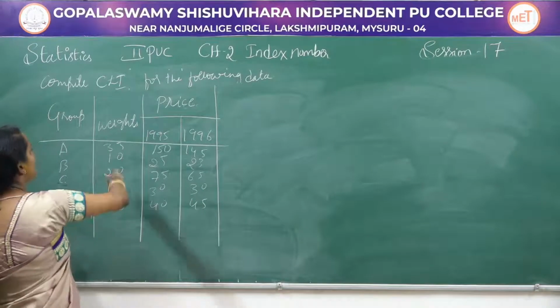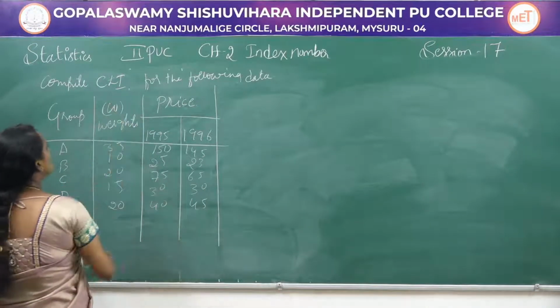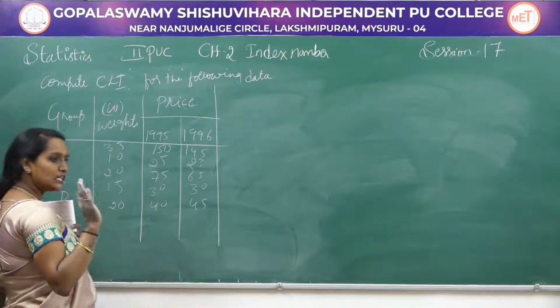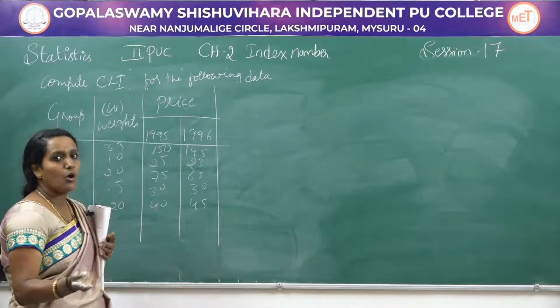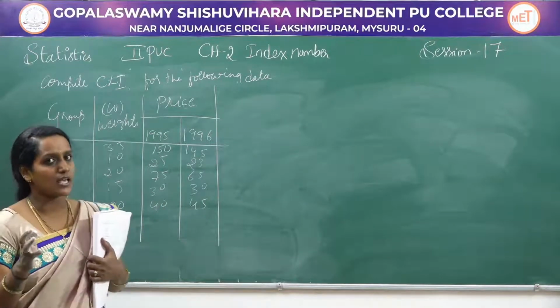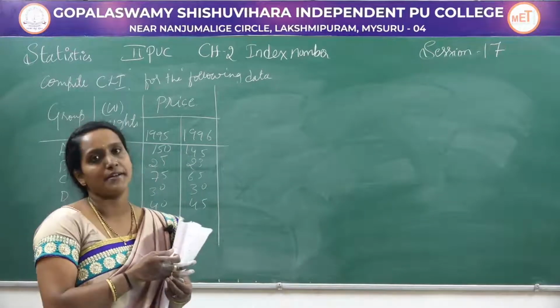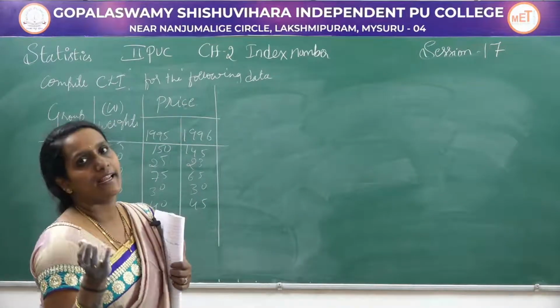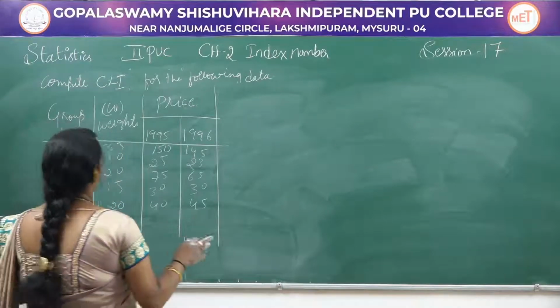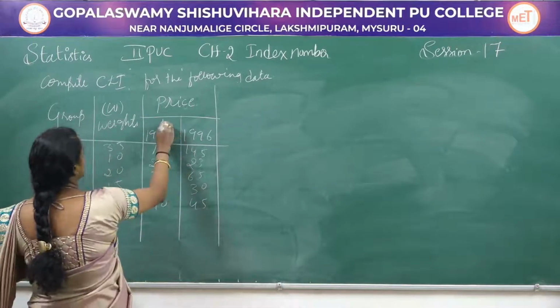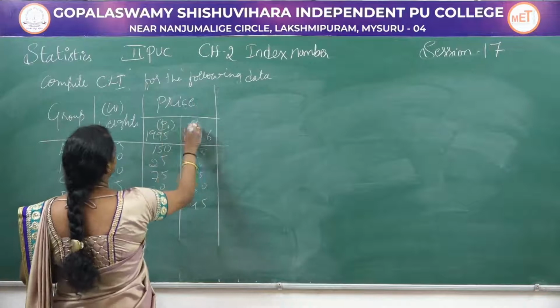So here weights again we denoted by W, and they have given only the price. When they have given only the price, in that case we should go for this method. If they are given number of units or the quantities, we should go for aggregative expenditure method. And this price for 1995 is P0 and this is our P1.